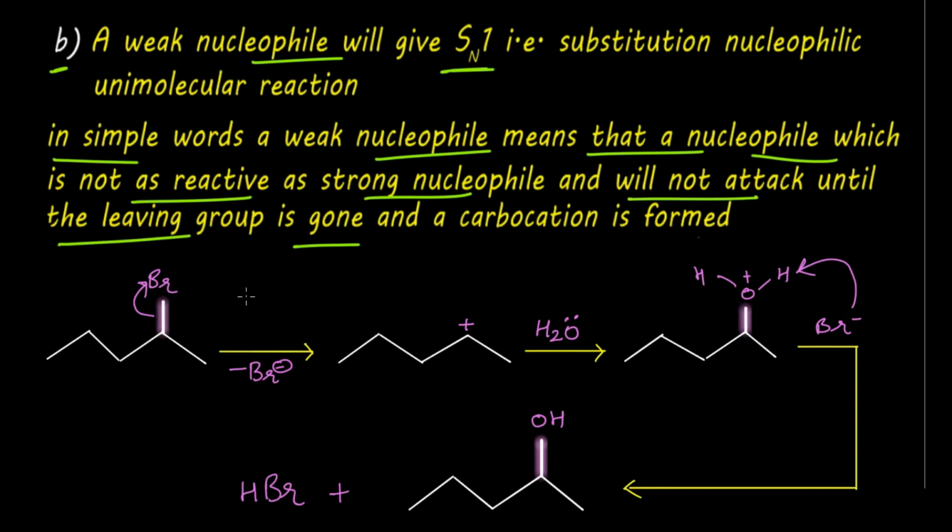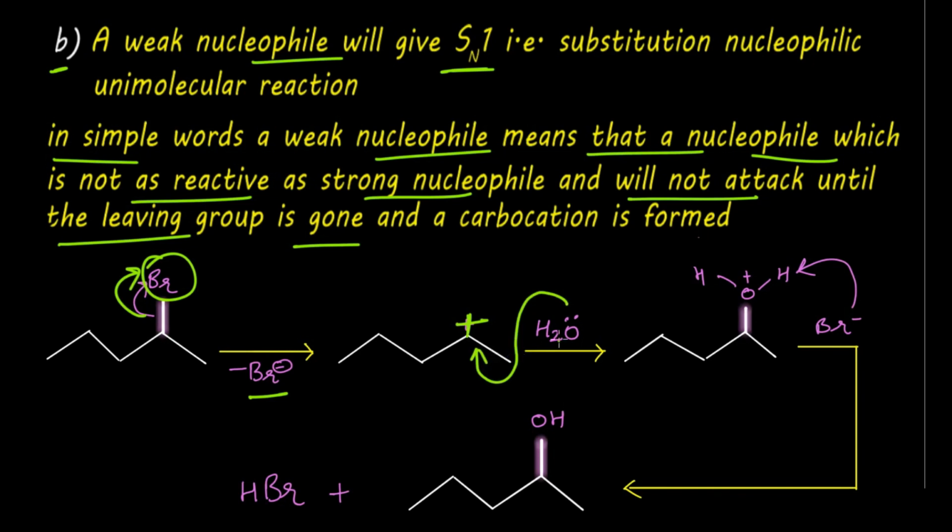Why is a weak nucleophile following this pattern? Because first of all, it does not have enough negative charge to attack. Right? As soon as the leaving group leaves, as soon as this bromine ion moves away, there is a creation of positive charge. Now this positive charge gives an opportunity to this weak nucleophile to attack properly. This kind of attracts the electrons present in the weak nucleophile.